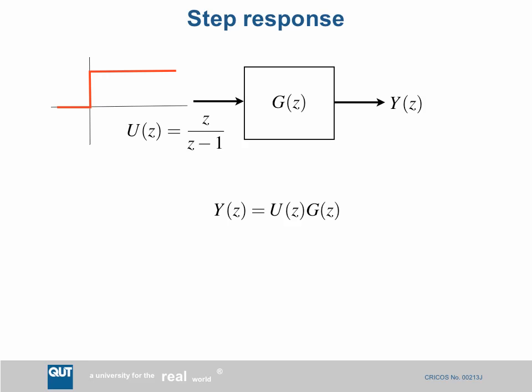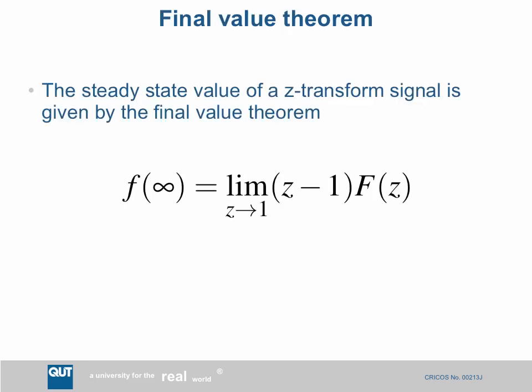If we consider the input to the system is u, and it's the unit step function, and we already worked out the Z transform for the unit step, it's z over z minus 1, we multiply that by the transfer function of our system in order to get the Z domain representation of the output, Y(z). Now it's simply U(z) times G(z). So that gives us the transfer function.